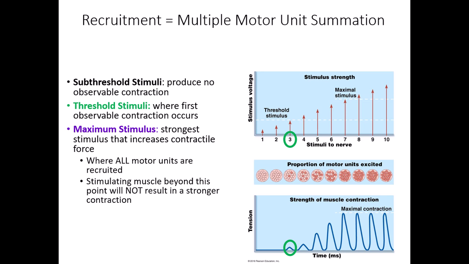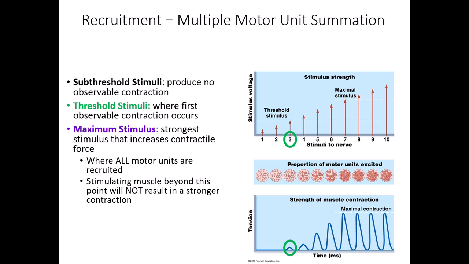That is the greatest strength of contraction that we can get. So notice on your myogram on the bottom picture, that's the highest peak that is generated. And it's the same height peak that stimulus 8 generates, that stimulus 9 generates, that stimulus 10 generates.